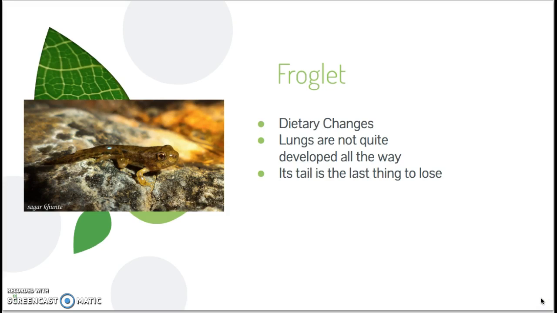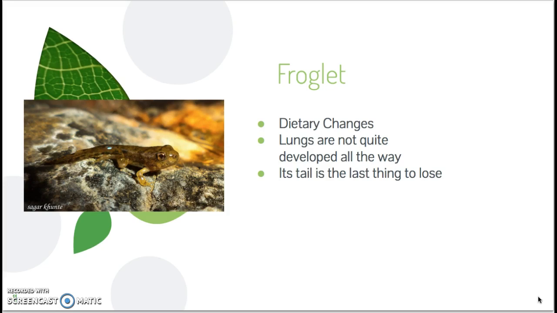As they continue to mature, their diet begins to change. They'll start feeding on small insects like flies, mosquitoes, and moths, but they are still very vulnerable at this time and spend much of their time hiding as they make that final transition to adulthood. And really the last thing it has to lose is its tail. Their lungs are not all the way developed at this point.